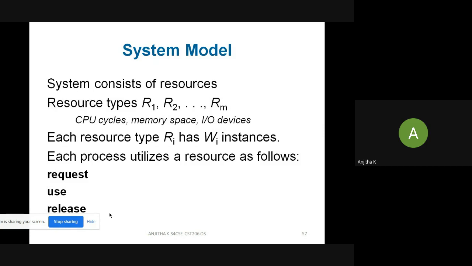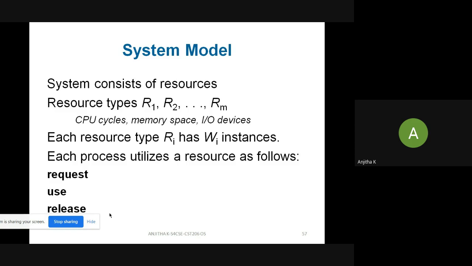A process requests a resource. If the resource is a printer and the printer is available, that process will use it, otherwise it has to wait. Then what is use? Use means the process can utilize that resource. If that process wants to print something, it can request the printer, and if the printer is ready, then it can use it. Then release.